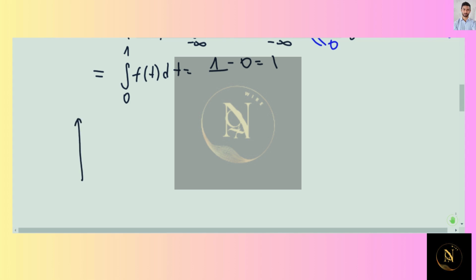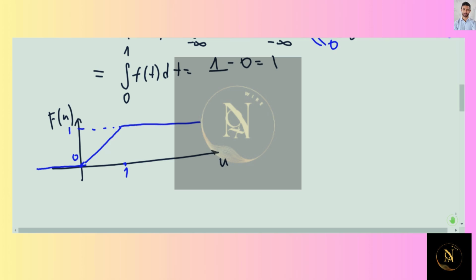Therefore, the cumulative distribution function will look like the following. Let's say this is u, and this is the cumulative distribution function. From minus infinity to 0, it will be 0. Then it will be equal to u from 0 to 1, and then it will be steady at 1.